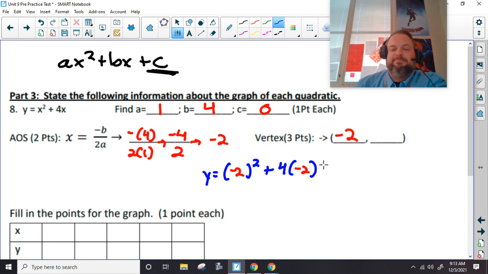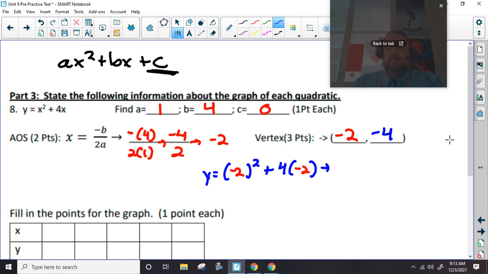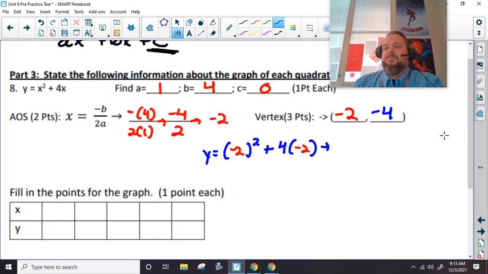So negative 2 squared plus 4, parentheses, negative 2. All right. So we end up getting negative 4. It's happenstance. This was not on purpose. This is 1 point each, so this part is 3 points. This is 2, this is 3. So this right here altogether that we've done so far is worth 8 points.